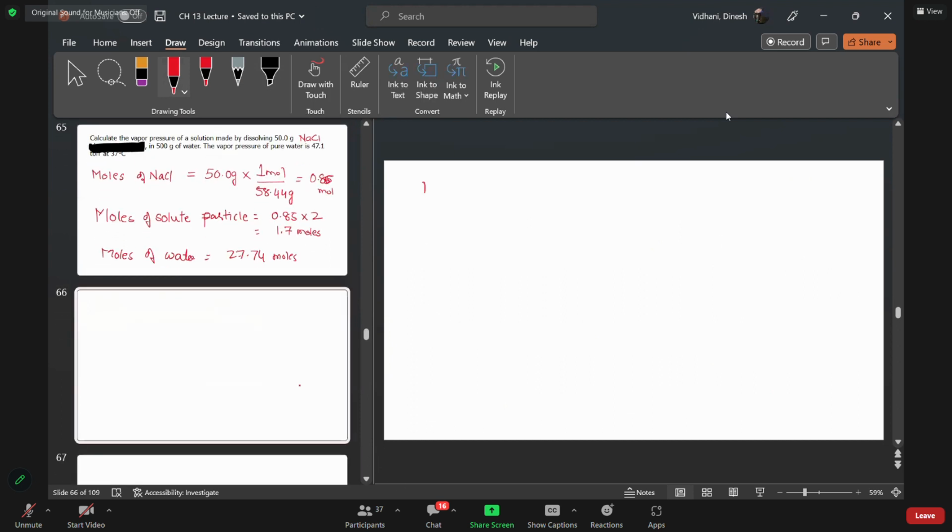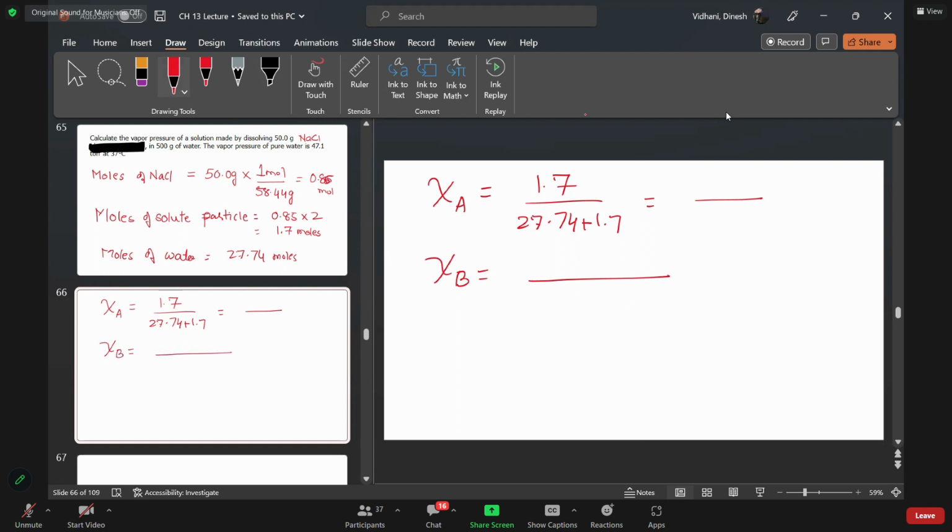So mole fraction of A, which is your solute, that's going to be equal to 1.7 divided by 27.74 plus 1.7. Can you tell me that? Find me the mole fraction of B by doing the math as 1 minus mole fraction of A.